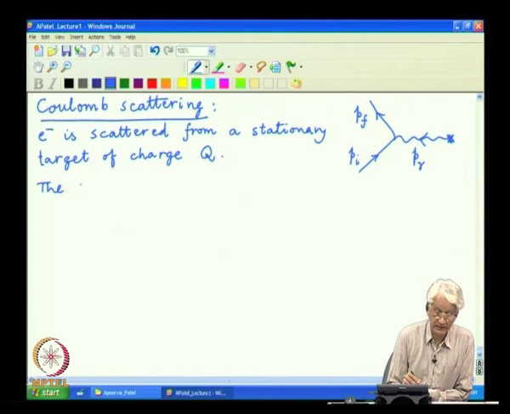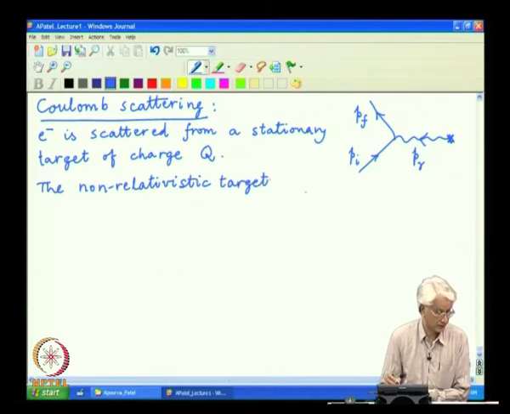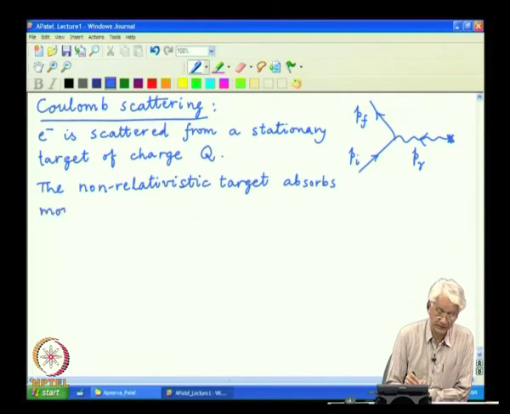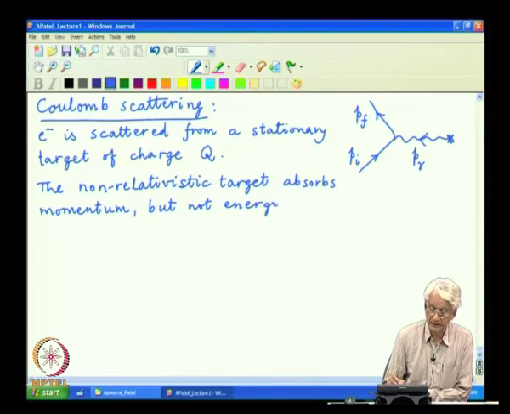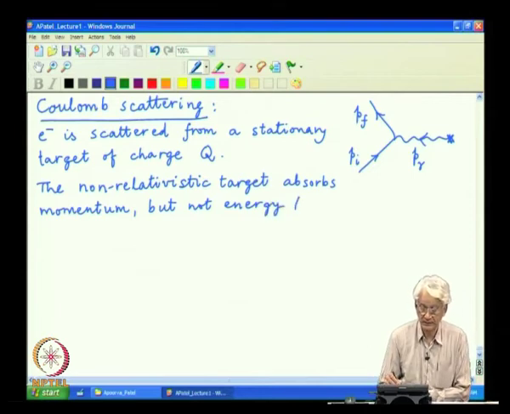So, one can call it non-relativistic, and as is well known, it absorbs momentum, which leads to changing direction of the electron, but does not do anything to the energy of the electron.